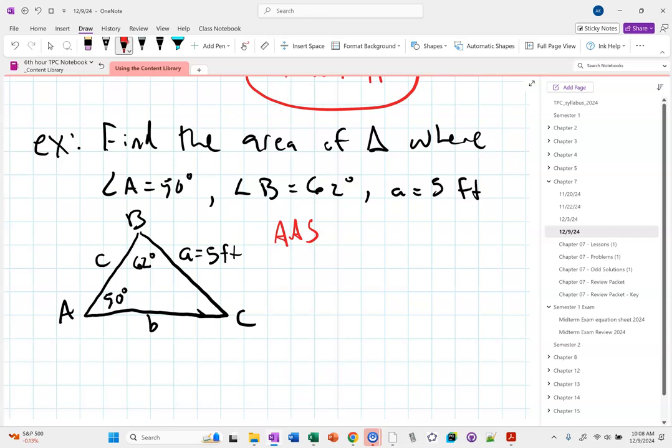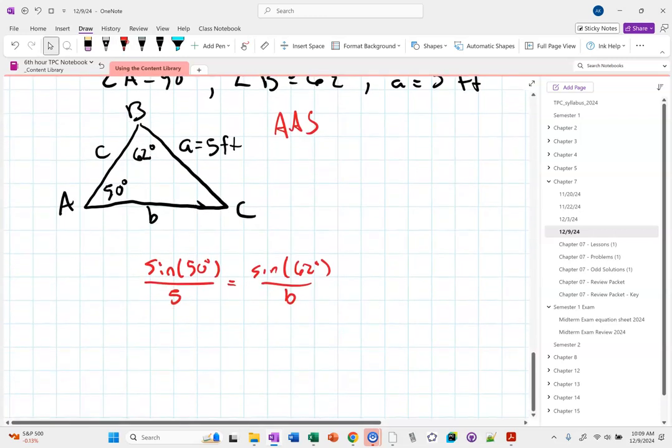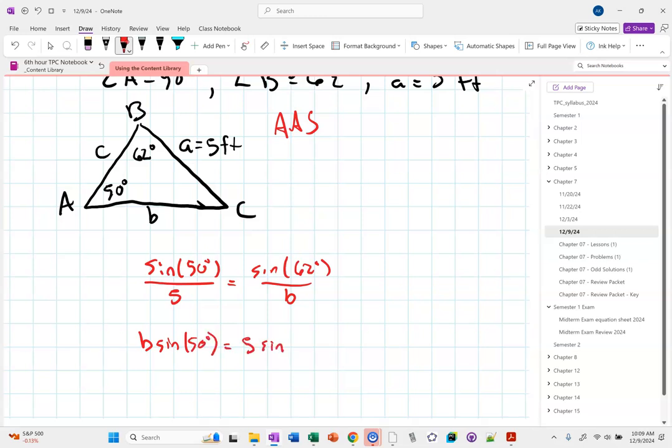So we'll just say that we have sine of angle A over side A equals sine of angle B over side B. We'll cross multiply, and then divide by the sine of 50.